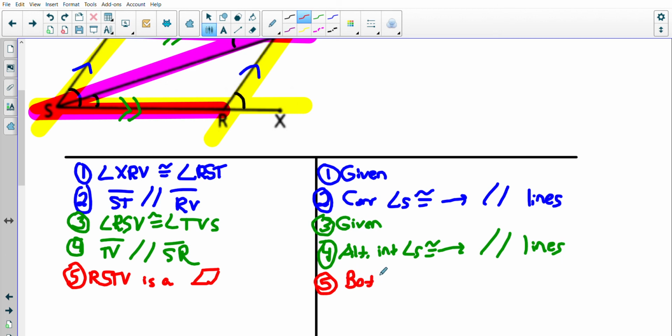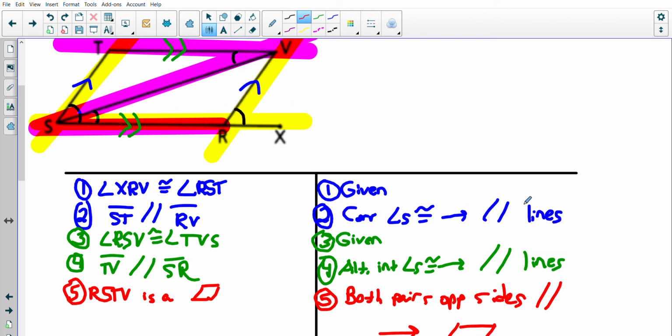If both pairs of opposite sides are parallel, then it is a parallelogram. So we're just building on previous knowledge that we have and connecting it to this particular lesson.